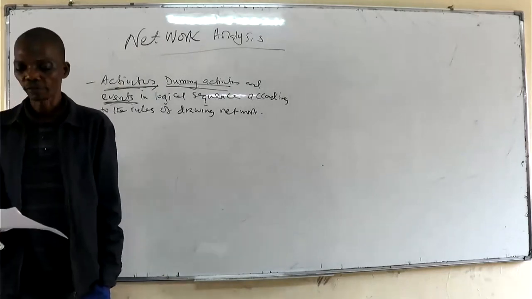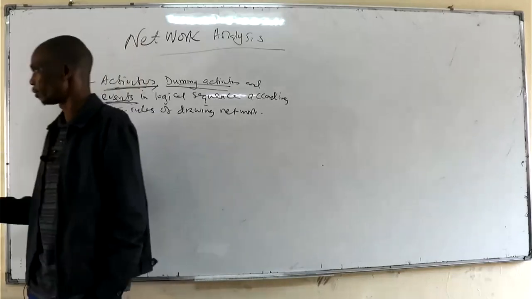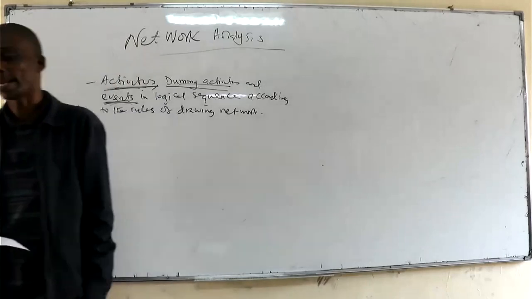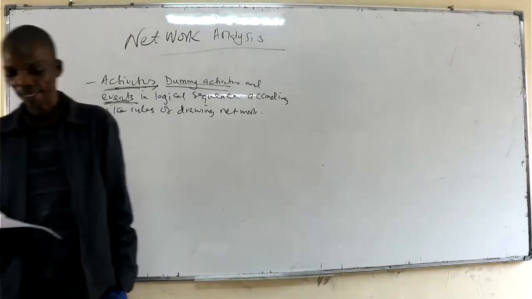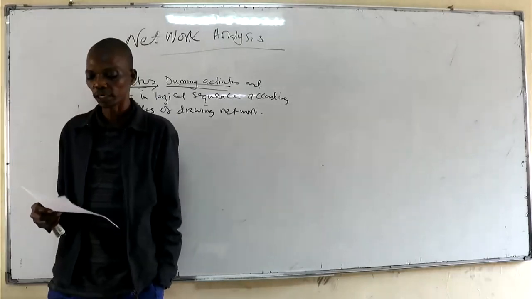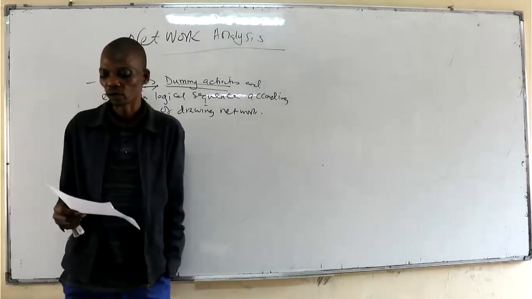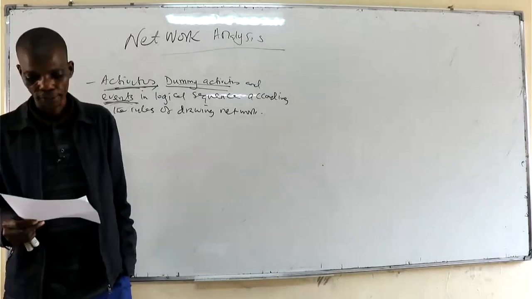In most cases, we don't write the full names, such as the foundation, the walls, and the roof, but instead we represent those tasks by letters. So those letters A, B, C, D represent the actual activities, the actual jobs that are involved in the construction of that particular dam, as the question has provided.